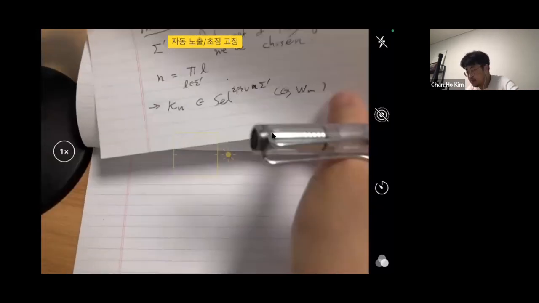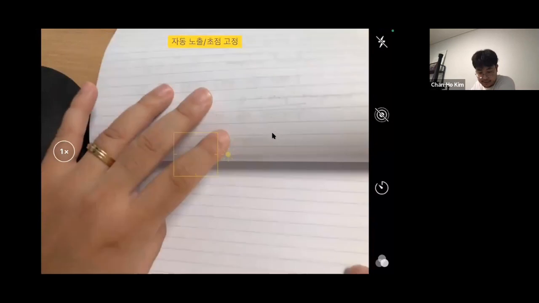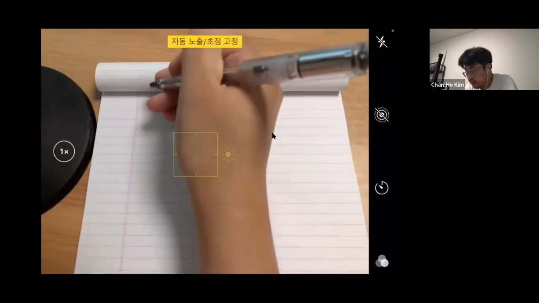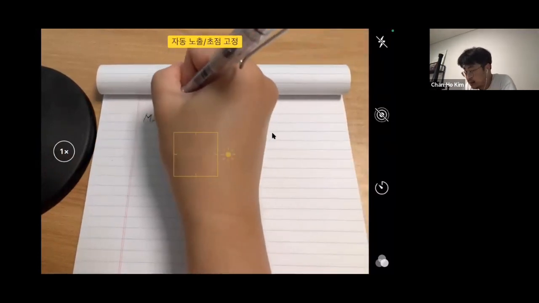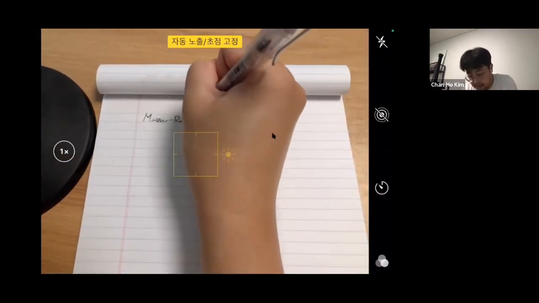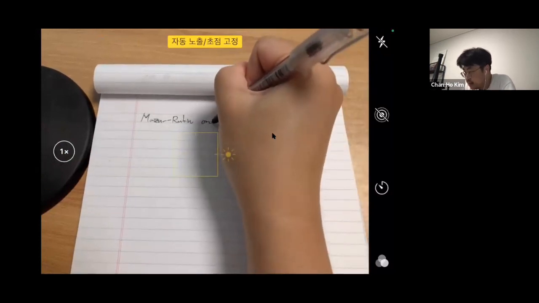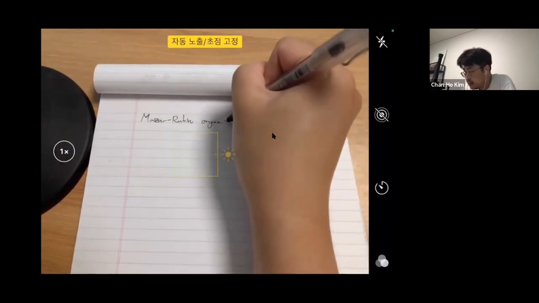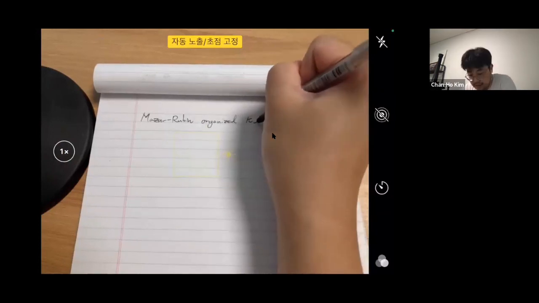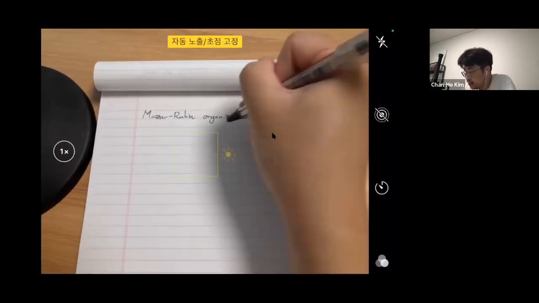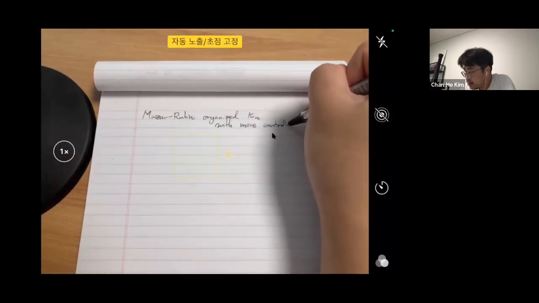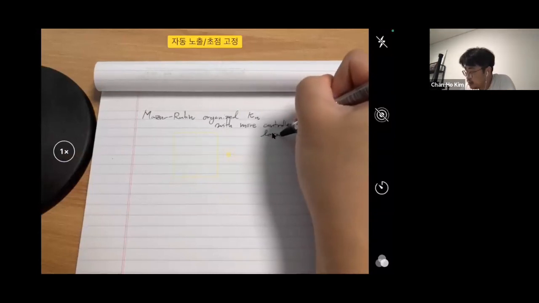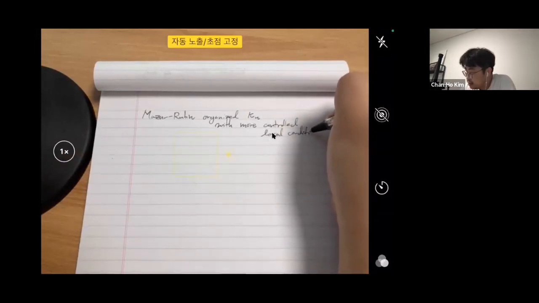So Mazur and Rubin organized this kappa n with more controlled local conditions at sigma prime.